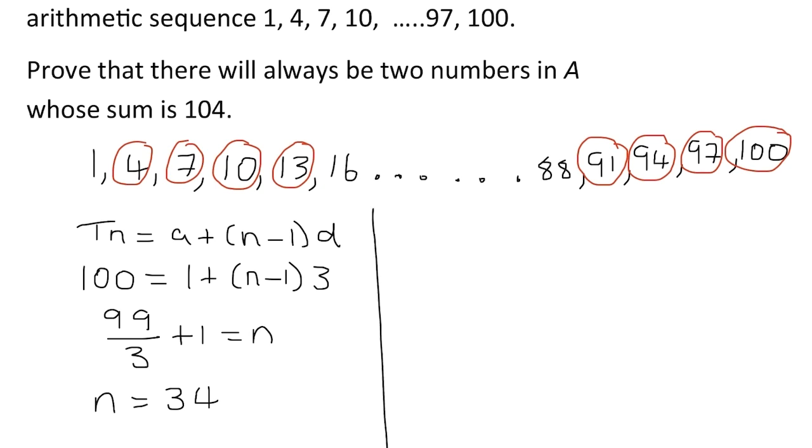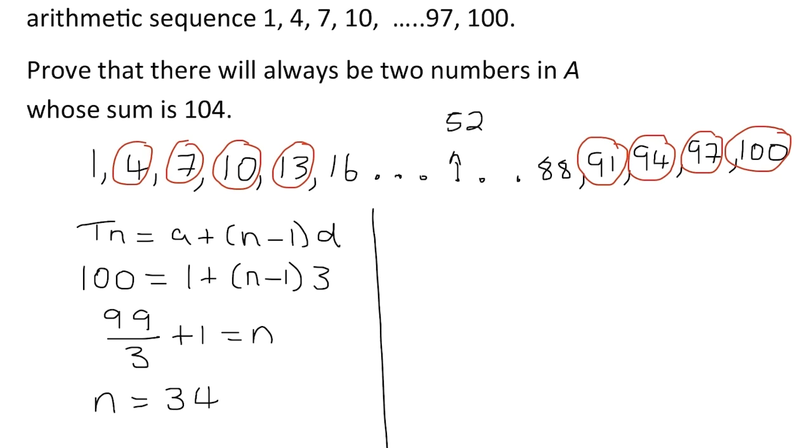However, 1 will not be paired with anything because there is no 103 there. Okay, so 1 will be a loner, will not have a pair. But there's another number that will not have a pair. And that number will be 52. How do I know that?